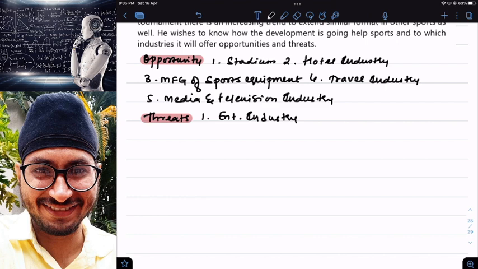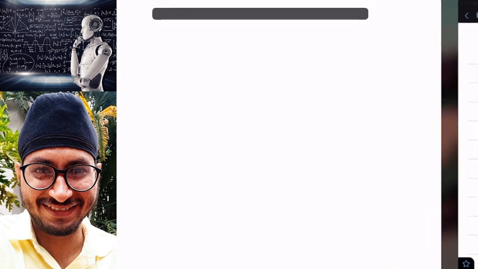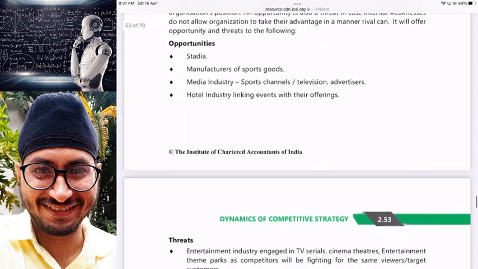Clear? And the event management industry. Clear? These are some examples of opportunities and threats. Who will get opportunity? Who will get threats? Clear? Next. Then we have question number 2.